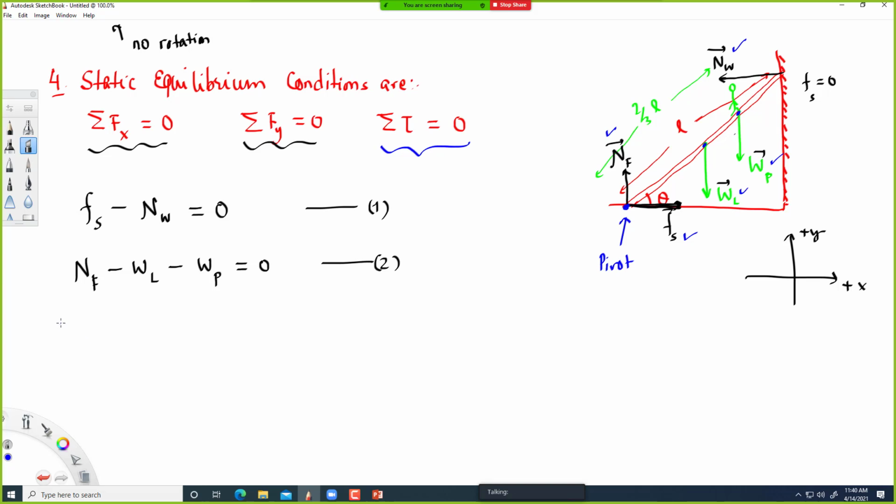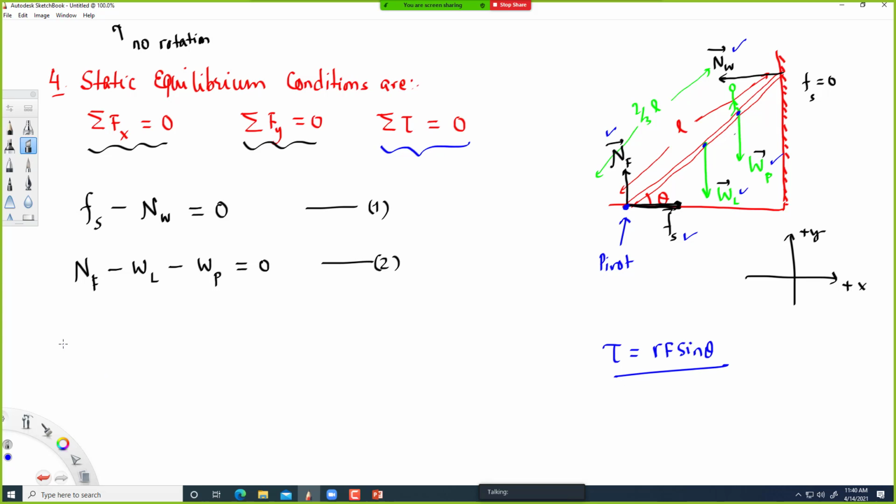Now, starting from top, think about all the torques produced by the forces. The torque produced by this force: torque is R F sine theta. That's the formula for torque.